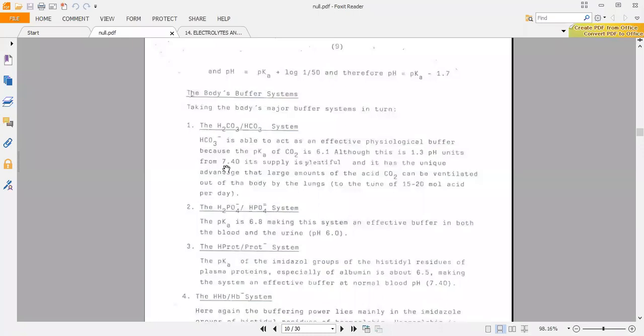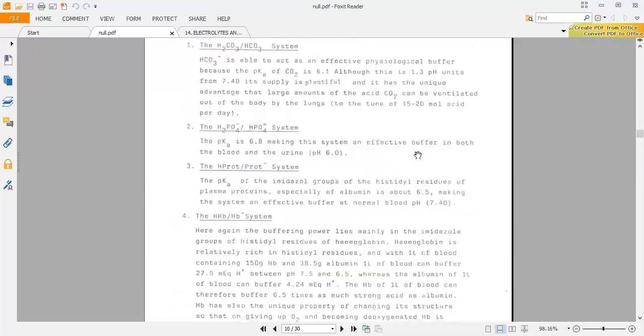And the answer is yes, because the pKa is 6.1, and from 6.1 to 7.4, what we have added is 1.3. And 1.3 falls within 1.7, because the range is that what you are adding or subtracting should not exceed 1.7.